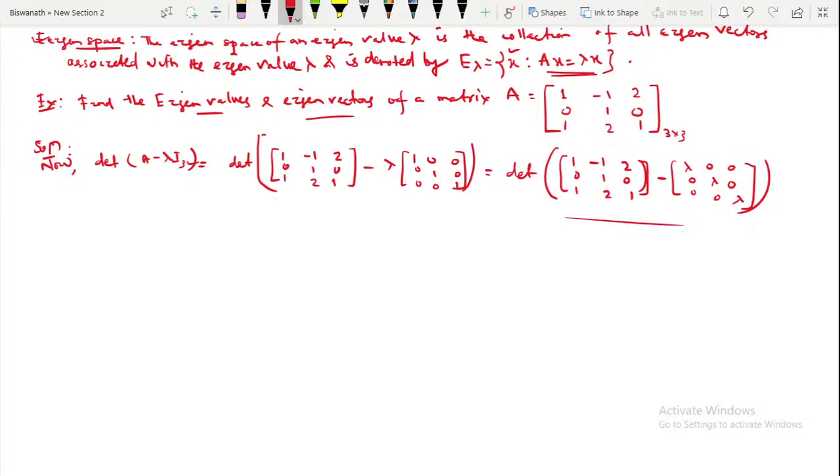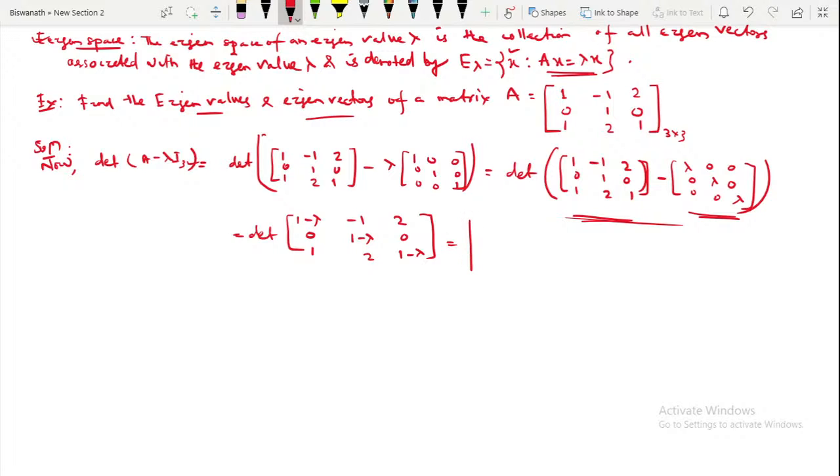Then subtract this matrix from the first one, that will be 1 minus lambda, minus 1, 2, then 0, 1 minus lambda, 0, 1, 2, 1 minus lambda, and we take the determinant of this one.